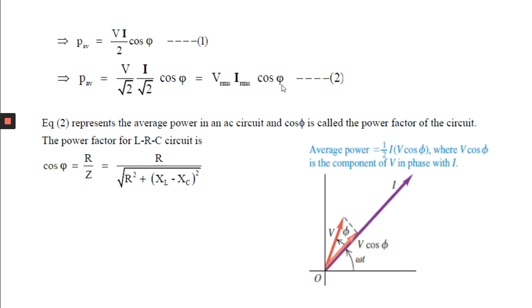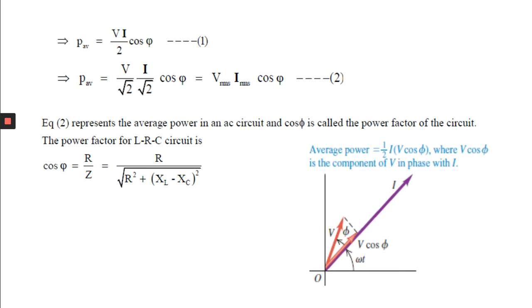So that's why cos phi is called the power factor. What is cos phi? It is called the power factor of the circuit, as your power depends upon cos phi. So what is the value of cos phi? Already we have discussed what tan phi is: XL minus XC by R. So accordingly, if you go to a triangle, you can find cos phi.